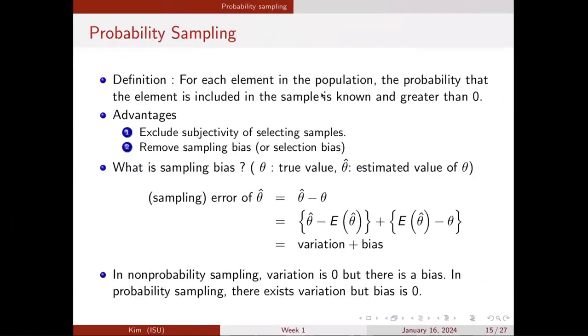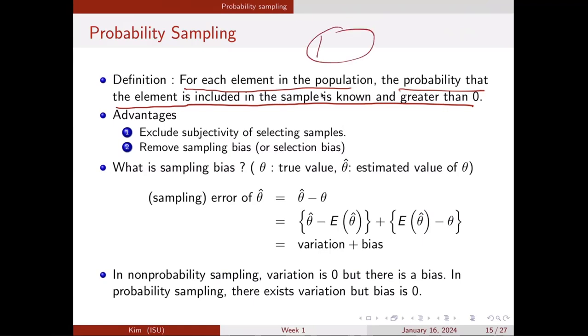So probability sampling basically means that we assign the probability, and the assignment should be in such a way that the probability that an element is included in the sample is known and greater than 0 for each element in the population. So we do not exclude any element in the population in terms of selection possibility. Okay, because otherwise we cannot really.